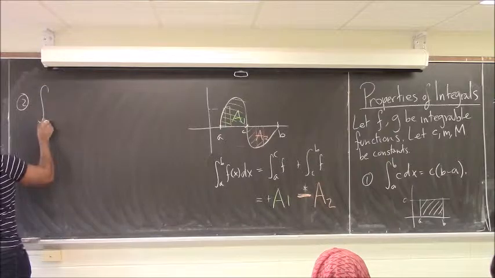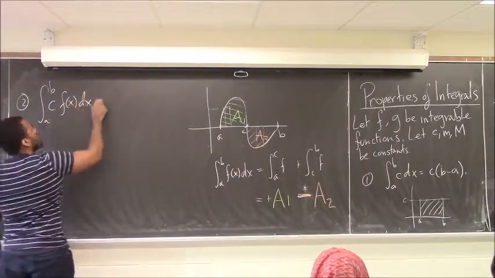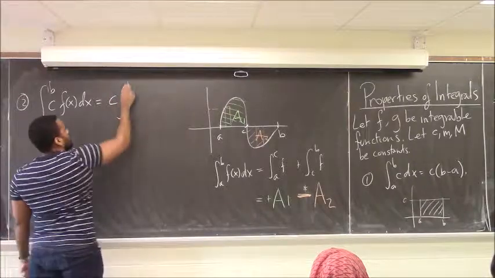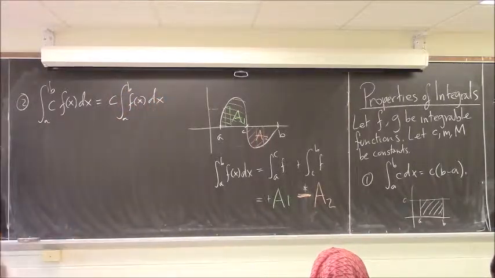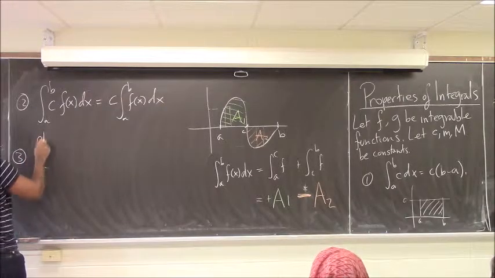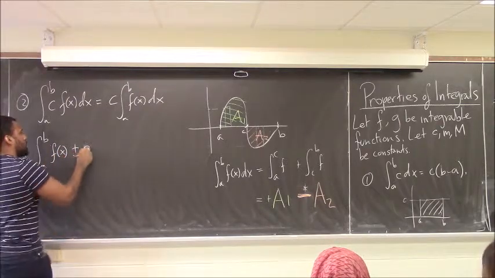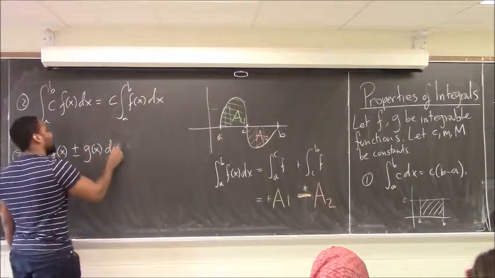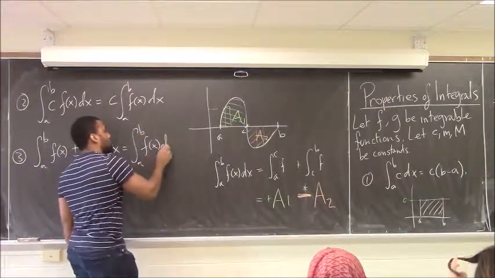It is also going to be true that we can factor constants out. If I have the integral of c times a function, I can factor the c out and take the integral of the function. We know something similar works for derivatives, and it also works for integrals. It also turns out that integrals distribute across sums. If I have one function plus or minus another function, I can take their integrals individually.